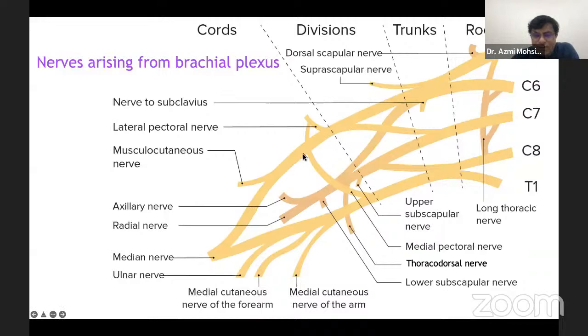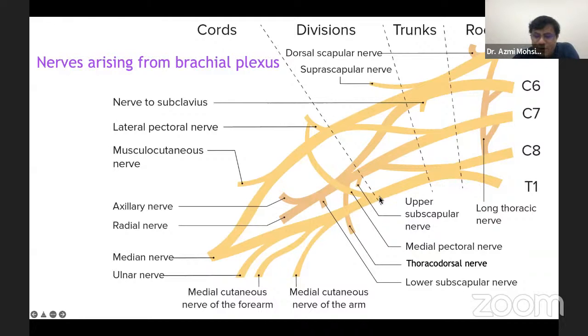Okay, so then look here. This lateral cord is giving origin to 3 nerves. You can see the lateral pectoral nerve. Then it gives rise to the musculocutaneous nerve, and it continues as the lateral root of the median nerve. Then here you're seeing the medial cord, most medial in position.